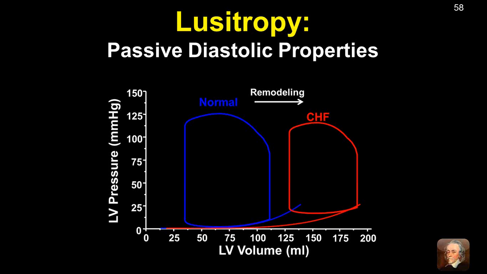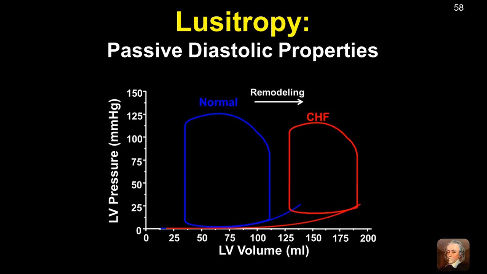Unlike the end systolic pressure-volume relationship, which really can change on a beat-by-beat basis, either due to arrhythmias or to administration of drugs, the end diastolic pressure-volume relationship more reflects fundamental aspects of the structure of the myocytes, the geometry of the ventricle, and the properties of the extracellular matrix.